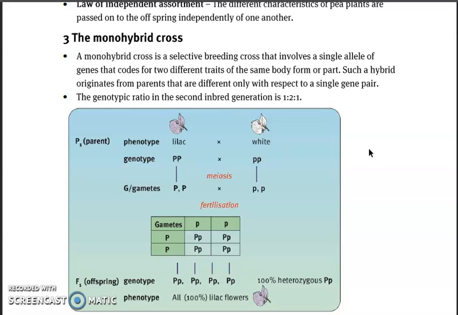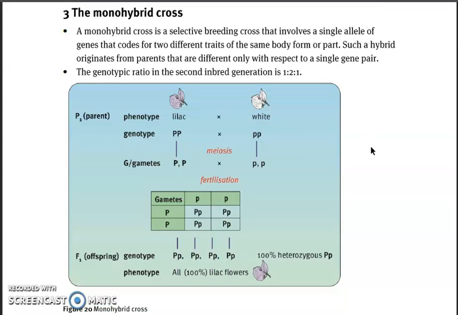What this basically means is the monohybrid cross is selective breeding, but it takes two different individuals of that population and it brings them together for fertilization, and then we're going to look at the possible offspring types.